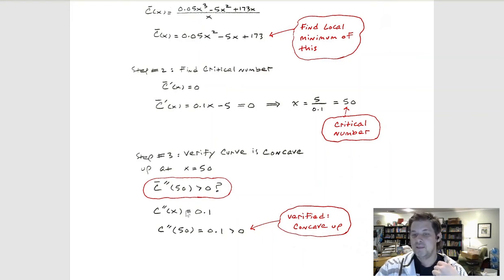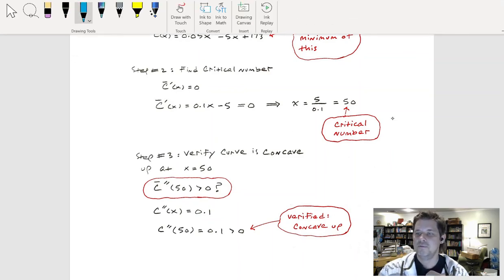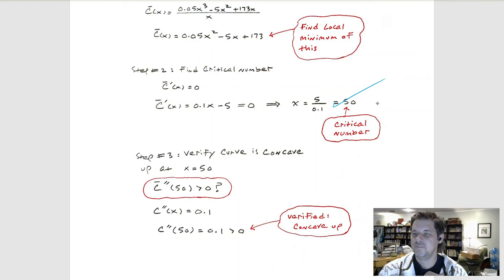There's no place to plug 50 into this formula, and all that means is the second derivative is 0.1 no matter what. So if you plug 50 in, so to speak, you'd get 0.1. That's positive. So it's between these two things: I need to verify that there's a critical number, 50, and then verify that the curve is concave up, or the second derivative is positive, at that number.